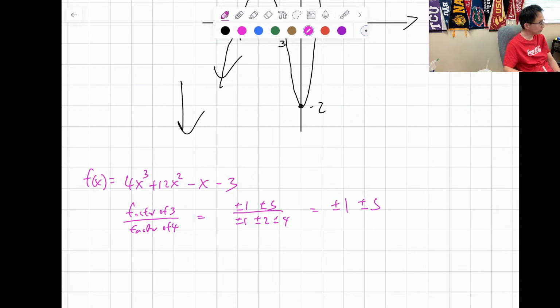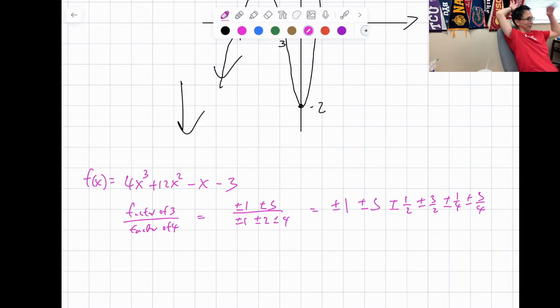Is that okay? Plus minus 1 half and plus minus 3 half. Plus minus 1/4 and plus minus 3/4. It's okay. The order doesn't matter as long as they have everything there.